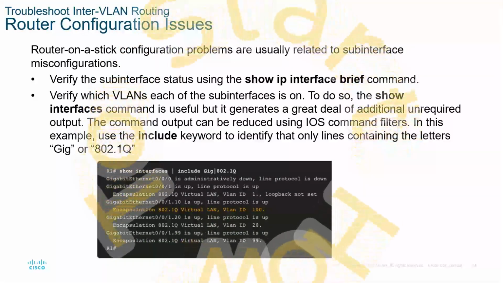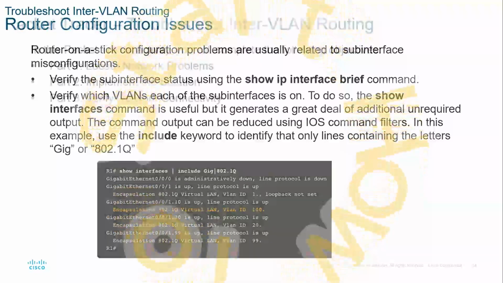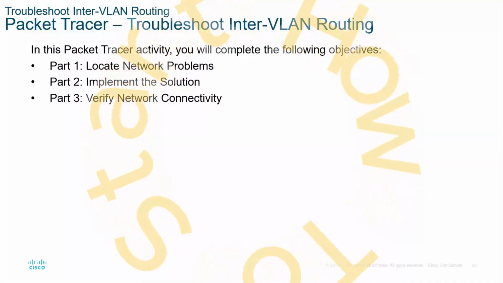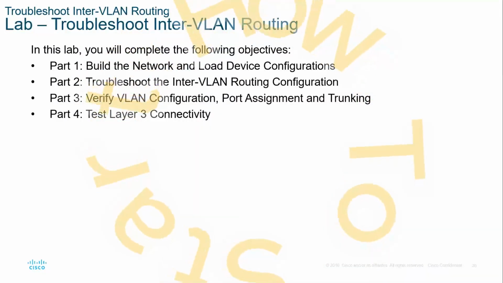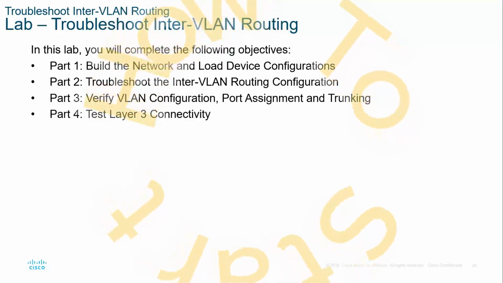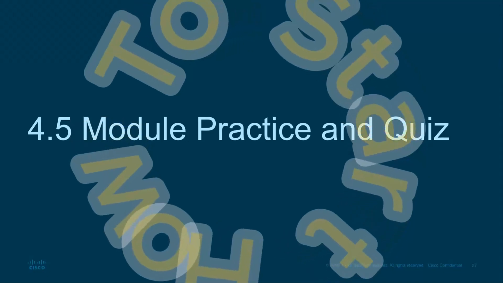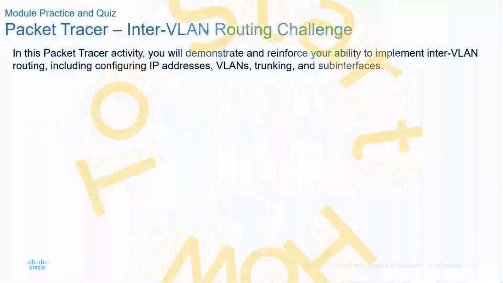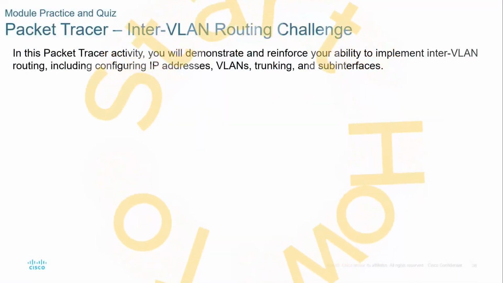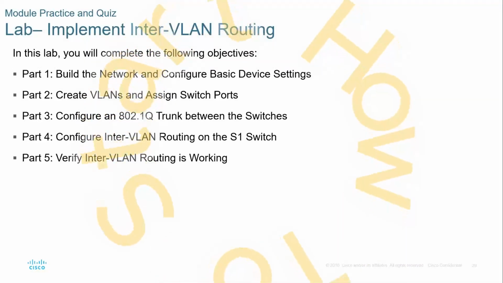That's actually one that happens pretty often. We do have a lab troubleshooting. We have a second lab troubleshooting. So we got plenty of practice throughout this module. That's it for this module. We do have a lab challenge and a lab implementation.